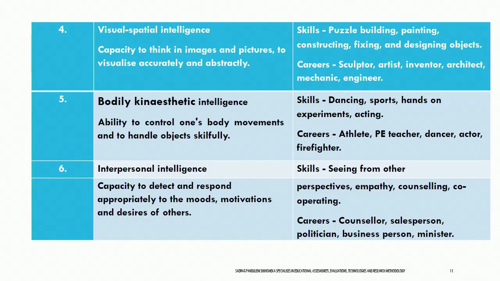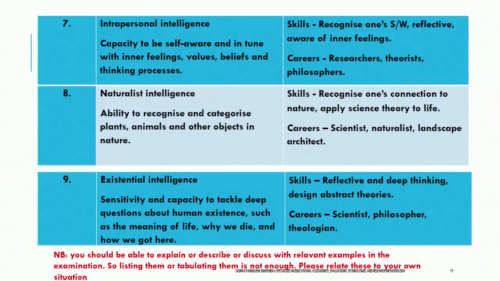And usually, if you look at learners with that type of intelligence, you will find them in careers such as counselors. Maybe they are school counselors, psychologists, salespersons, politicians, or business persons, ministers, etc.